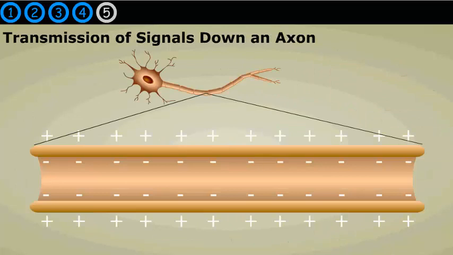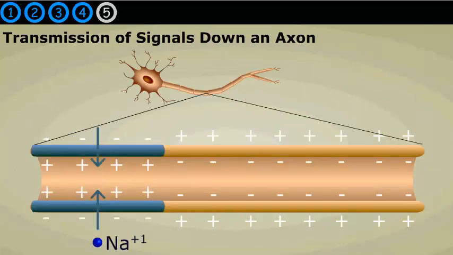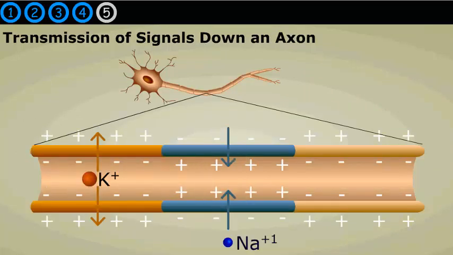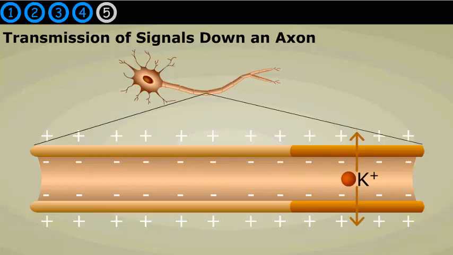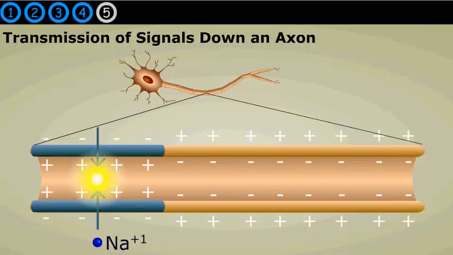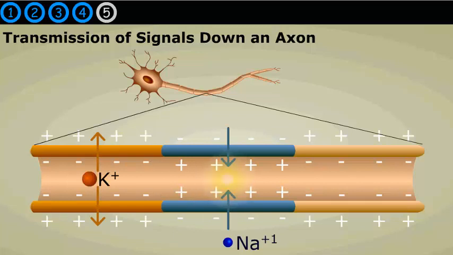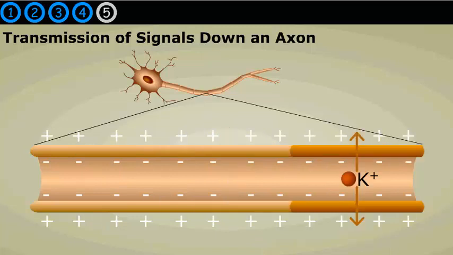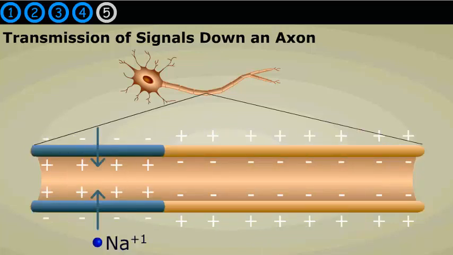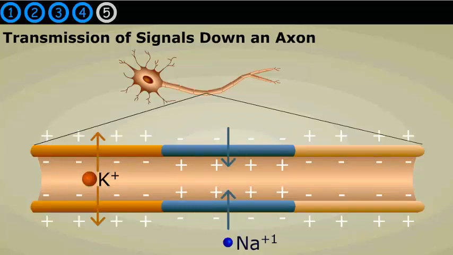A signal is transmitted by the propagation of action potentials down the axon. The axon contains sodium channels that open when a particular voltage, the threshold potential, is reached or exceeded. When the gates are open, sodium ions rush in and the interior of the cell near the sodium gates becomes more positively charged.